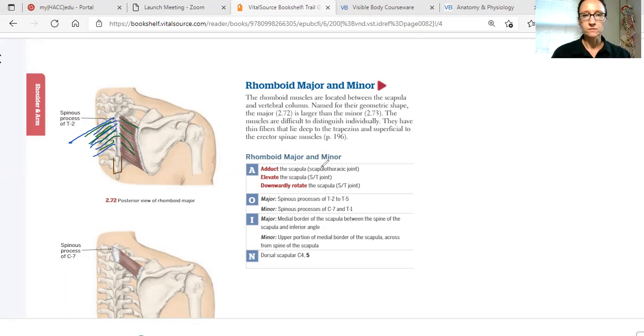If we change adduct to retract, then we have retraction, elevation, downward rotation, and it spells R-E-D, red.